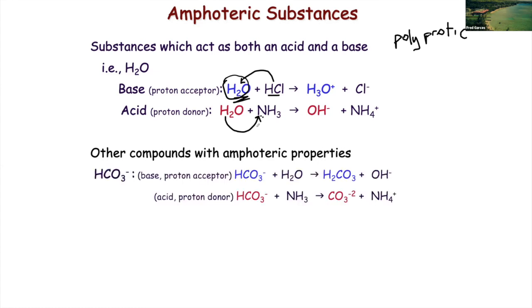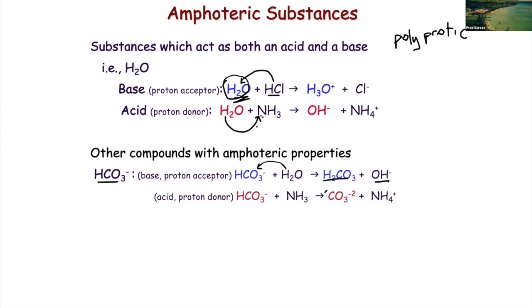Another chemical is bicarbonate. This is bicarbonate. That's the name of that ion. In one instance, it can accept a hydrogen from water and become carbonic acid, and in the process generate hydroxide. So by accepting a hydrogen from water, it forms a basic solution.